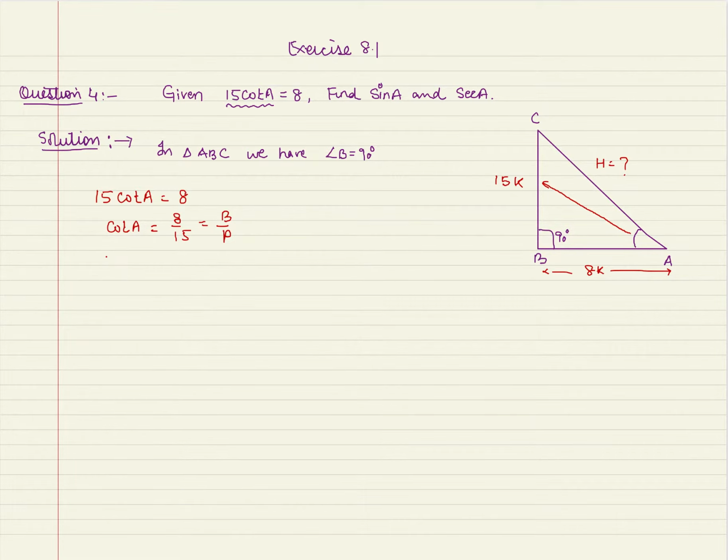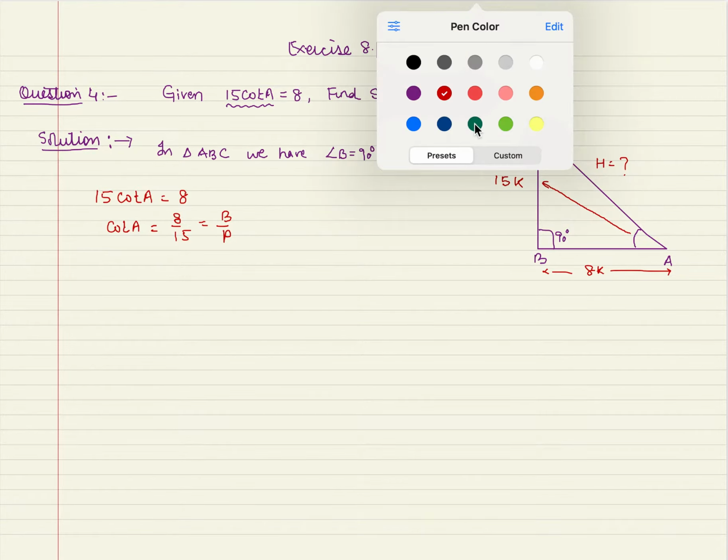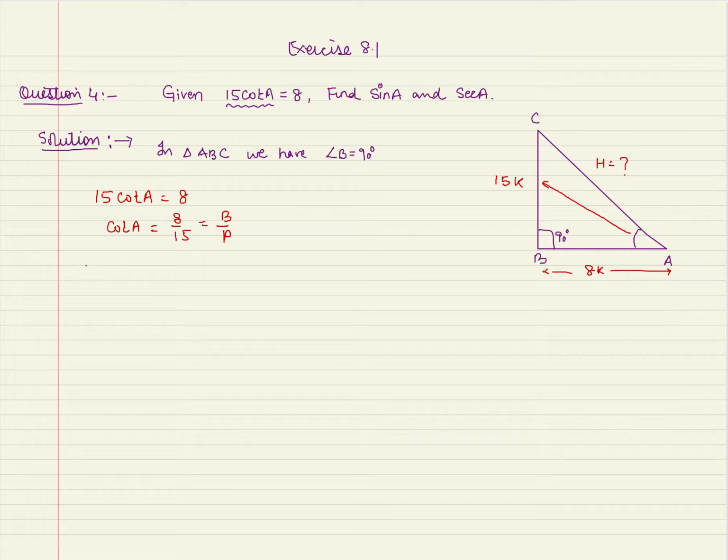So using the Pythagoras theorem, in this next step, using Pythagoras theorem, we have hypotenuse square is equal to perpendicular square plus base square.